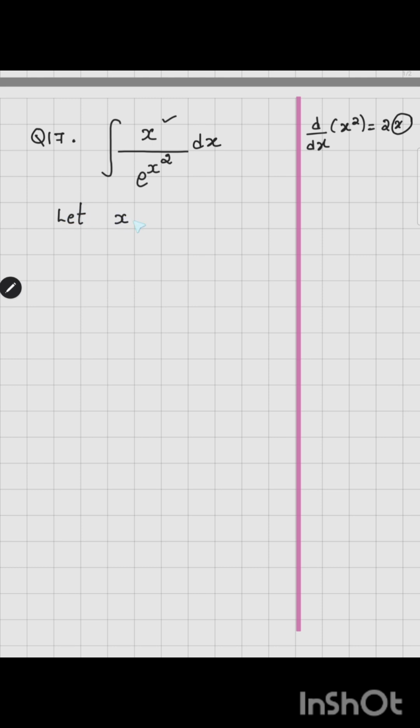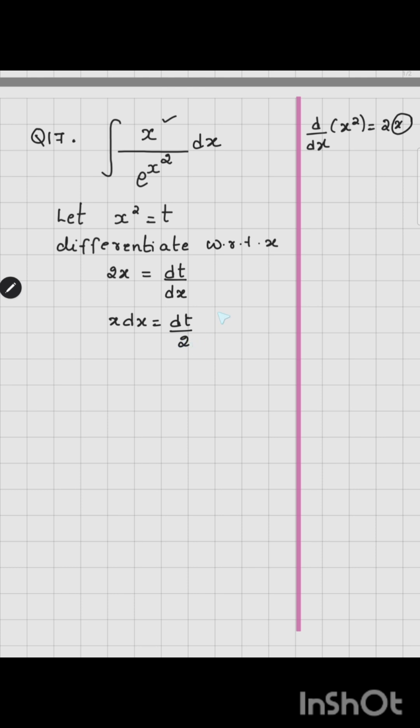So let x square equal to t. So now we will differentiate with respect to x. So the derivative of x square is 2x, and if we differentiate t, we will get dt by dx. Now x into dx is equal to dt divided by 2.